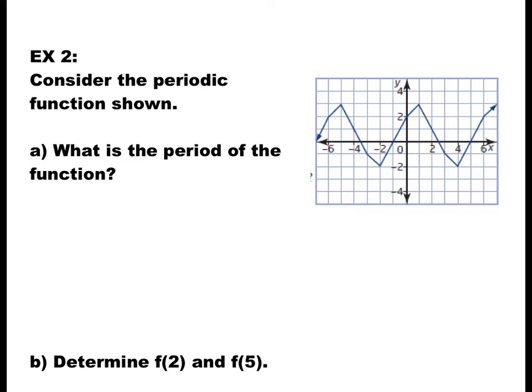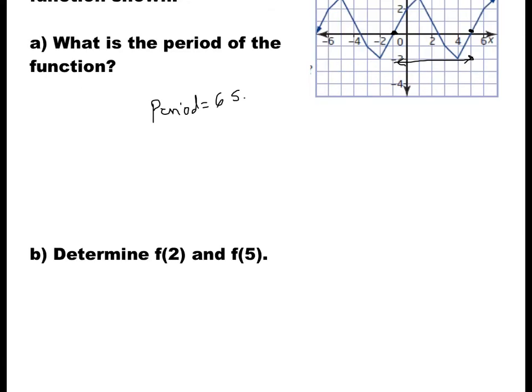If I start from this point, let's say, then I can see that this is the end of the graph, after which the graph is going to repeat itself. So I can see that the period is going to be this distance, and this distance is 6 seconds. So the period is going to be 6 seconds.